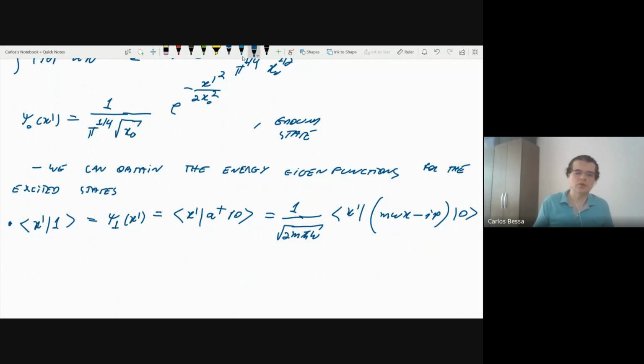Okay, doing the same procedure as before, this will have psi 1. So again, I'll have the bra of x prime with x and 0, the same procedure as we did for the ground state.